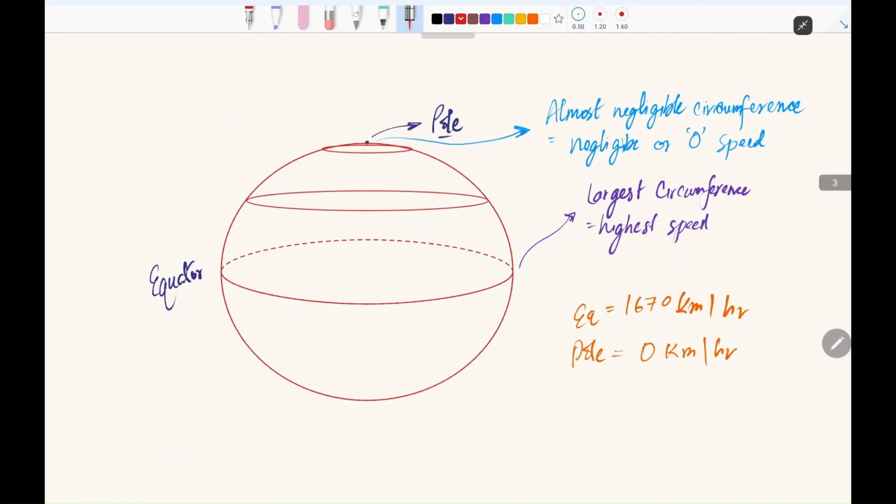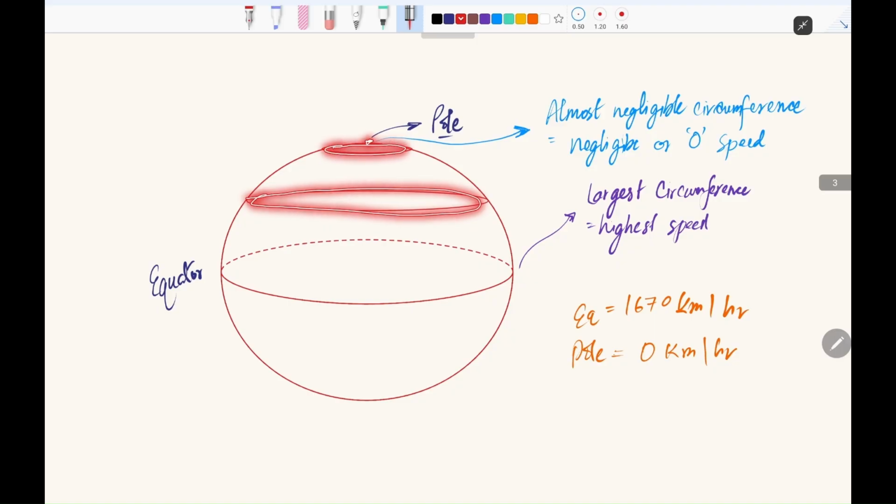We can further understand the same by this 3D image of the Earth, where we can see that this is the equator at the center of the Earth. It has the largest circumference, hence it will have the highest linear speed of rotation. And as we move from the center towards the poles, the circumference of the circles is decreasing, right?